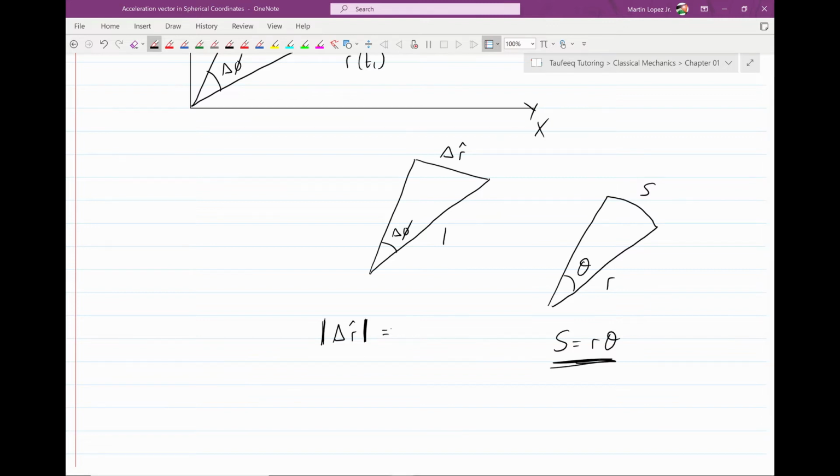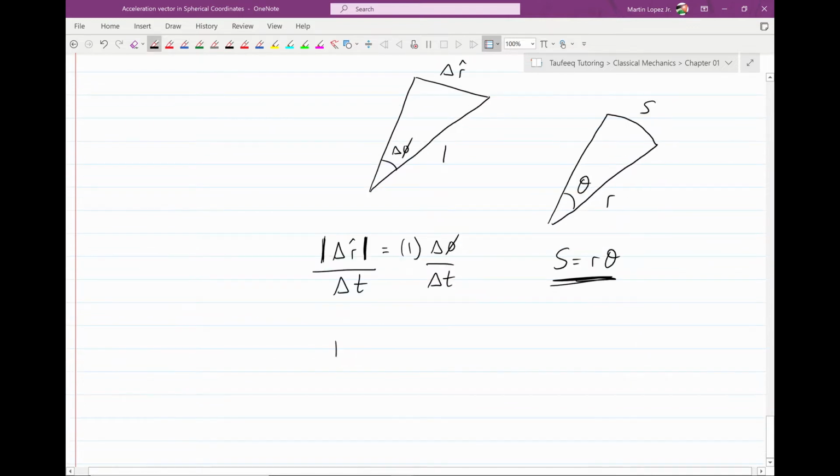The magnitude of delta r hat. And what is the radius? That's just 1. And then we have delta phi, the change in the angle. Now if I divide both sides by delta t, I get that the magnitude of delta r hat over delta t is equal to delta phi over delta t.